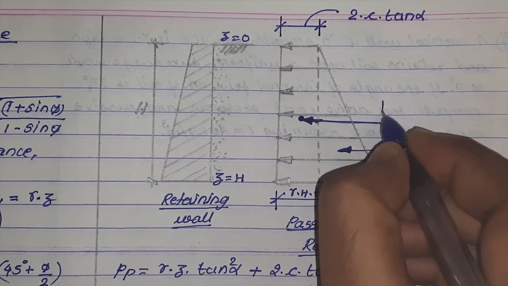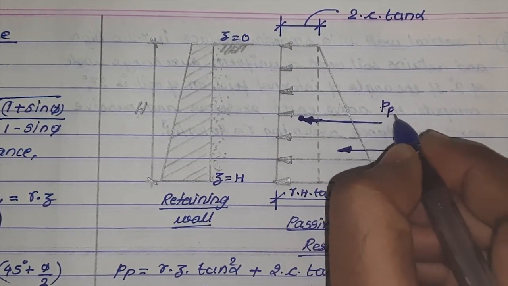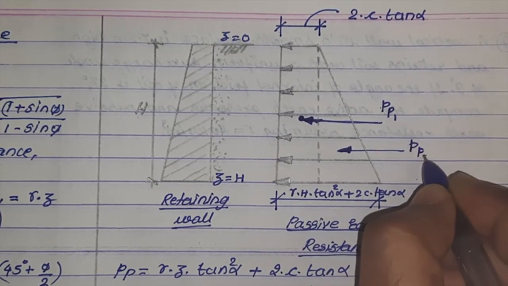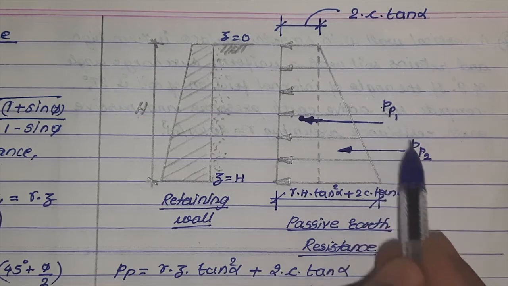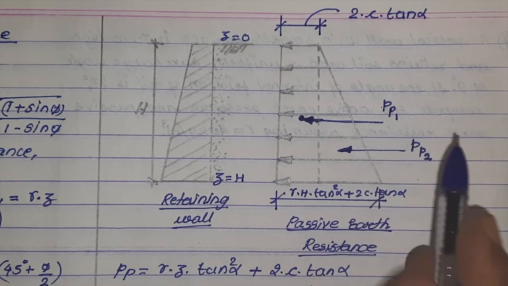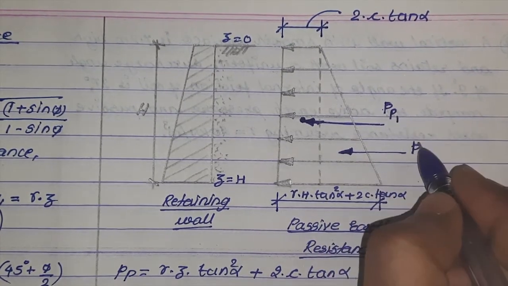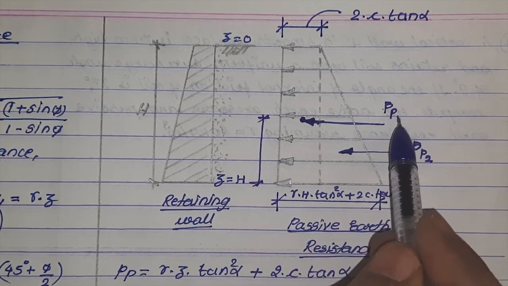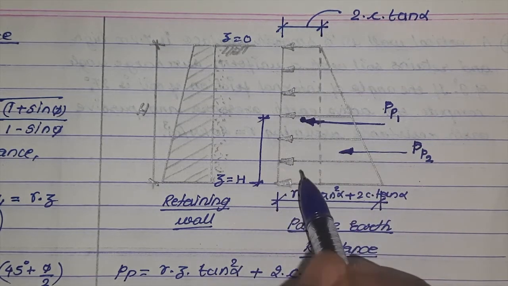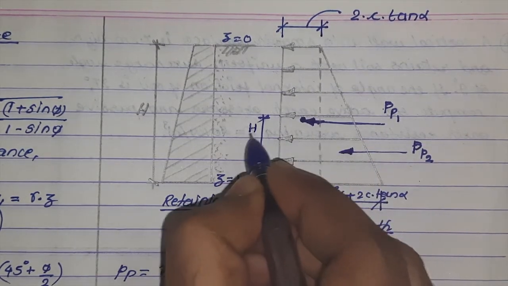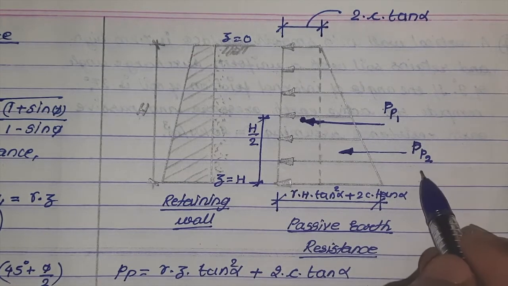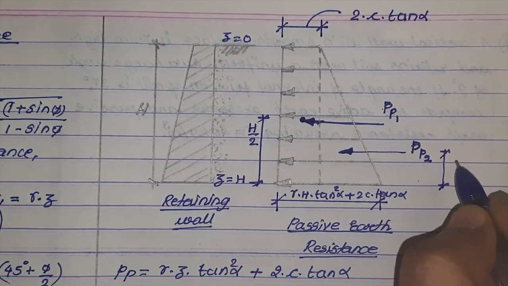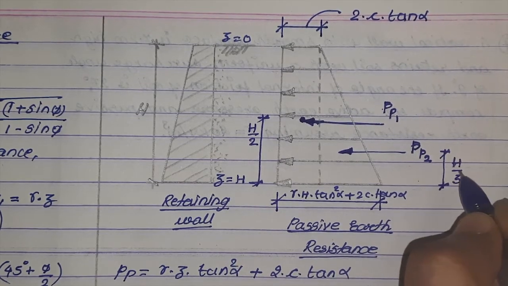We will call this PP1 and the second part PP2, and together they form capital PP. The height at which the resistance due to the rectangular portion is acting will be h by 2, and for PP2 the distance from the base is going to be h by 3.